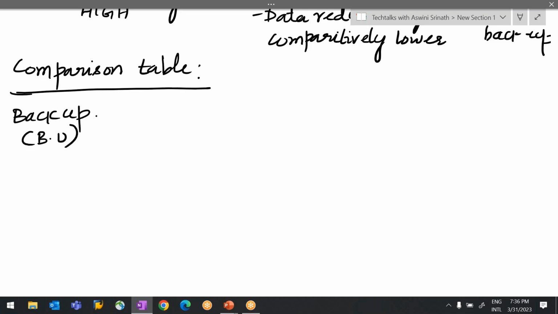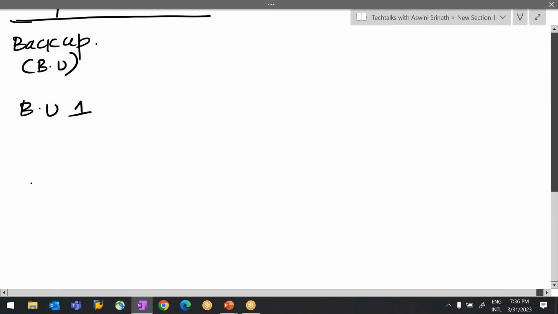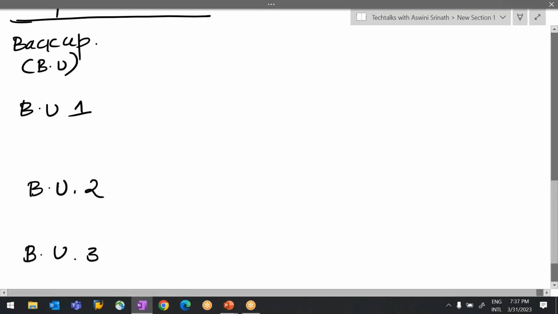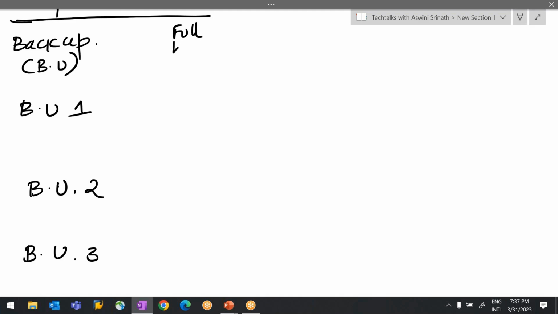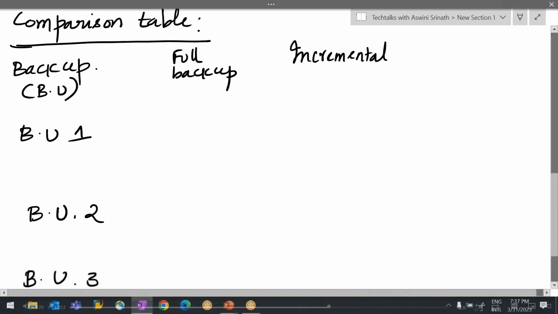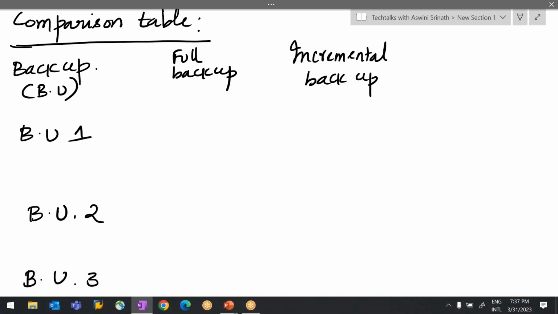We'll take an example of BU, backup 1, you take the first backup, then you take backup 2, then you take backup 3. So here it is on full backup, then on incremental backup, then on differential backup.